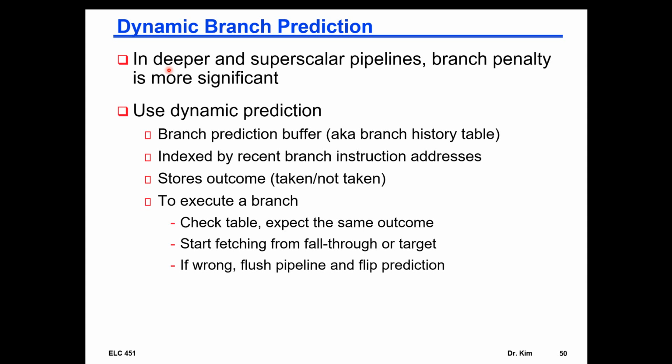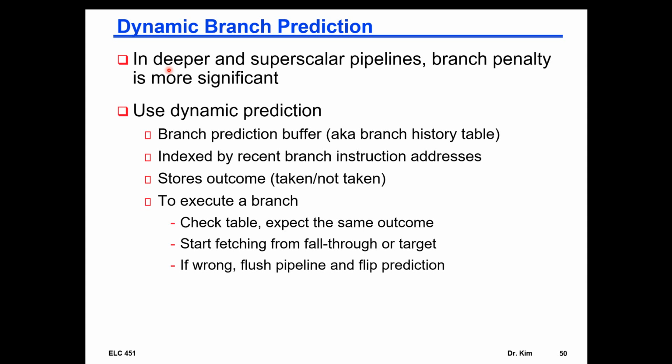So what we want to do is get very sophisticated and talk about dynamic prediction, in which, as I mentioned and introduced before, we're looking at the actual trend of the outcomes of the branch, and make a prediction whether it's taken or not to minimize the chances of being wrong and having to stall the pipeline and flush the pipeline.